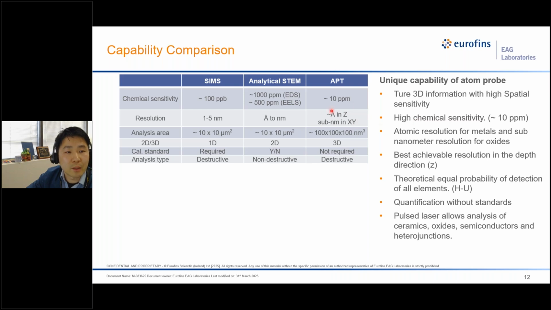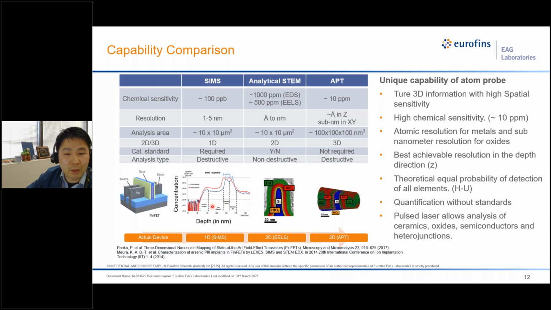Usually the spatial resolution in the depth direction is better than in the lateral direction. It utilizes time of flight mass spectrometry and measures all the incoming ions with theoretically equal sensitivity. So in general, it doesn't require calibration standards for chemical quantification.